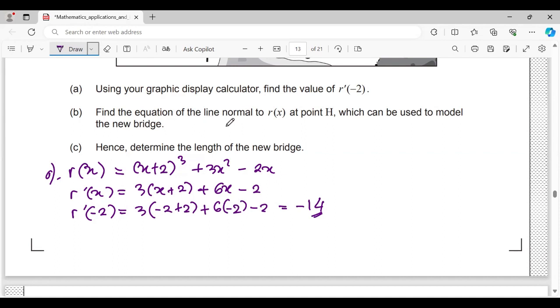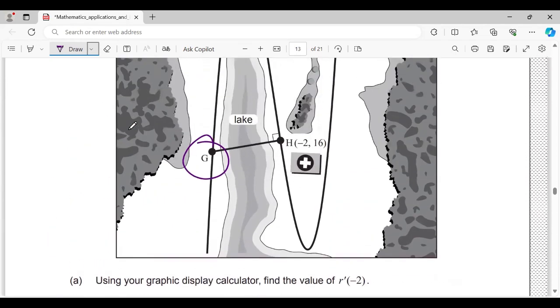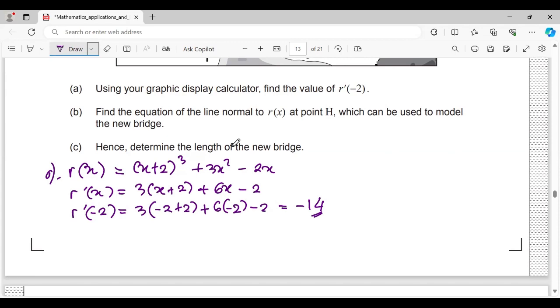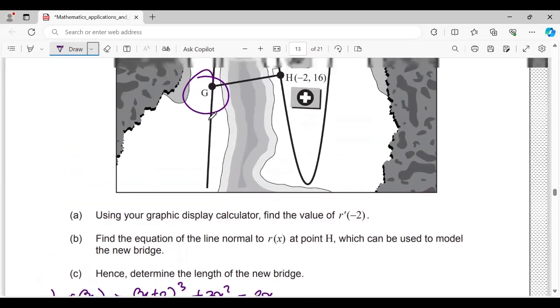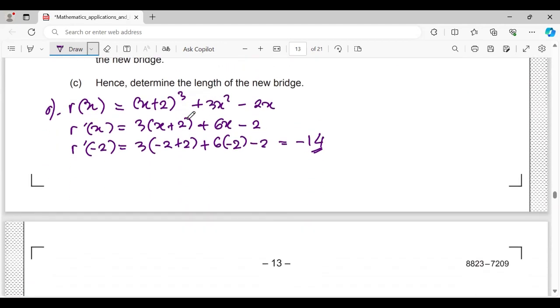Find the equation of the line normal to R(x) at point H, which can be used to model the new bridge. Firstly we have to find the gradient of the tangent line, and the gradient we can determine through the derivative.